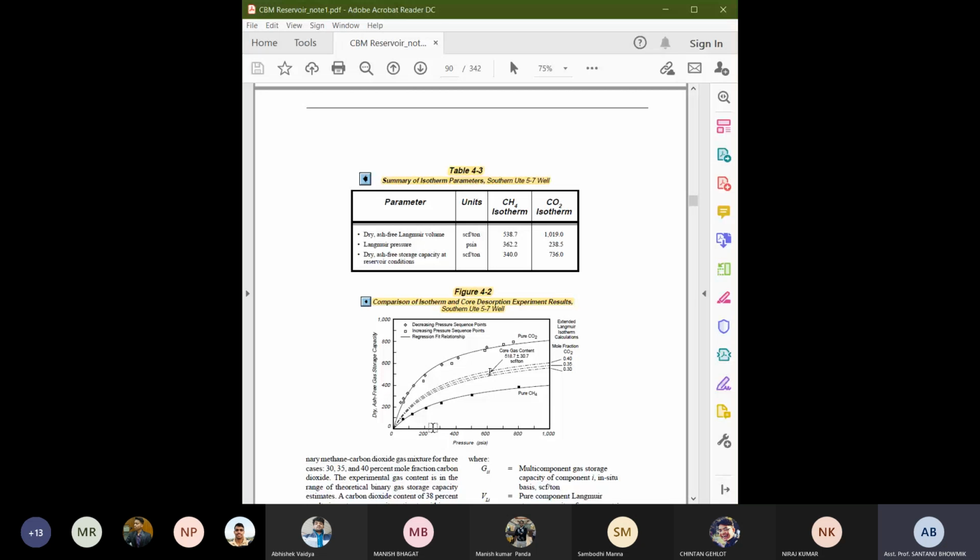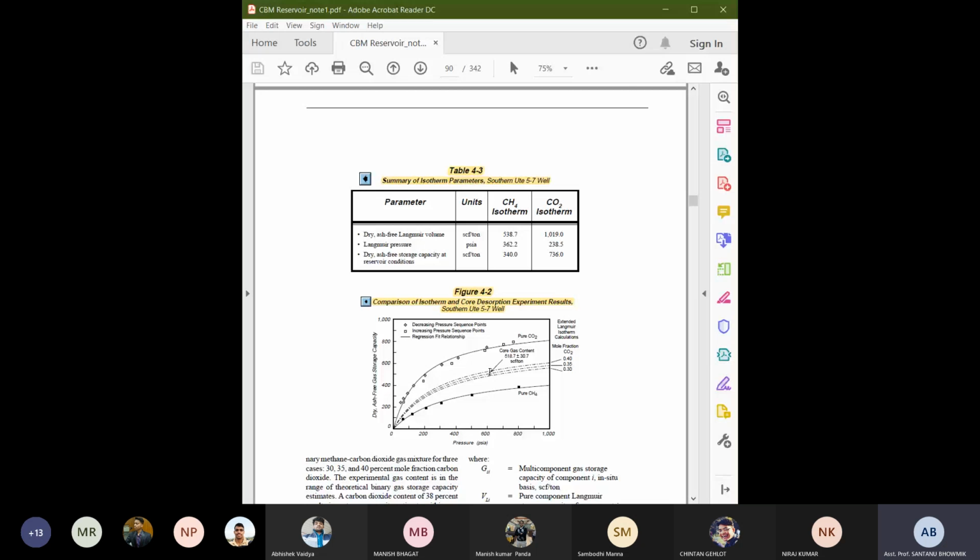Now suppose they have discussed here the pure carbon dioxide and the pure methane. What if there is a mixture? What if there is a 50-50 mixture of methane and carbon dioxide?